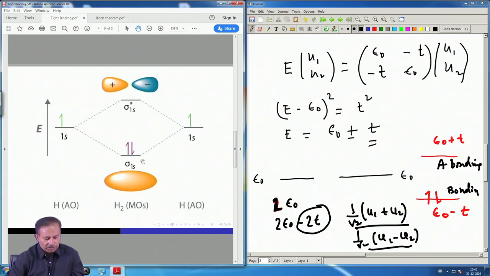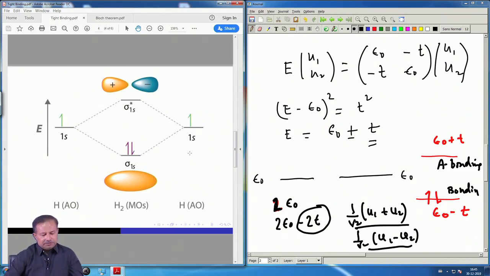So this is the bonding orbital and this is the antibonding orbital. Look at the nature of this wave function. The orbital part of the wave function is symmetric around the center, and that symmetry reflects the fact that the spin part is a singlet and the electrons are now equally shared by the two nuclei.